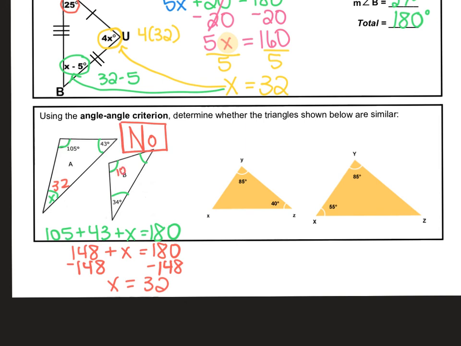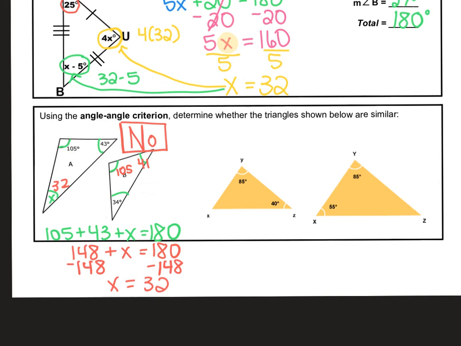Because if this was given that this was 105, if I did the math over here, that would make this angle 41. And if you remember, the definition says they have to have two angles in common. So that would be a no. So you can't just put no on an assignment. You would need to show us some work to back up that no or that yes. Some justification that it does follow the angle criterion or it does not.